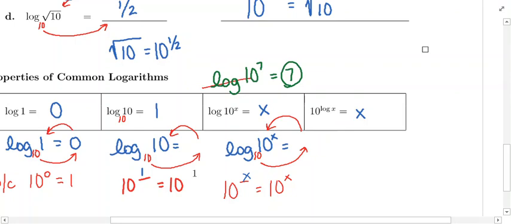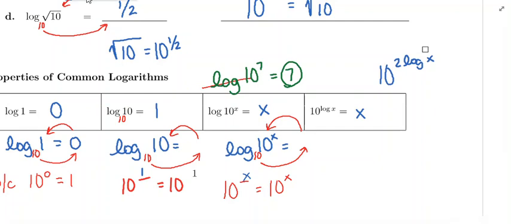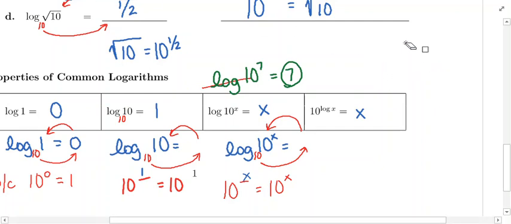Keep in mind if I had 10 raised to the 2 times log of x, then they would not cancel out because they're not side by side anymore. The 2 is in between. They have to be side by side, touching essentially, for them to cancel. So 10 raised to the log of x power is going to give you x.